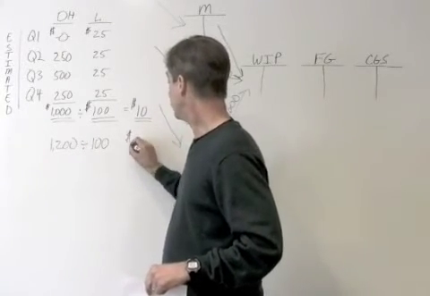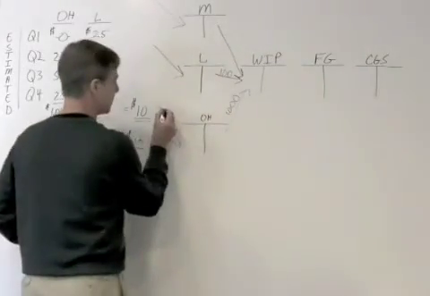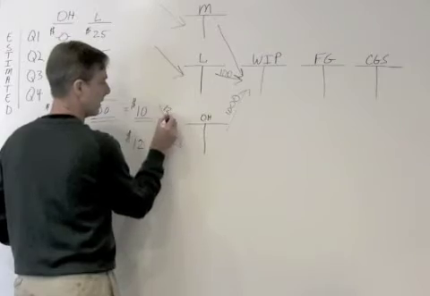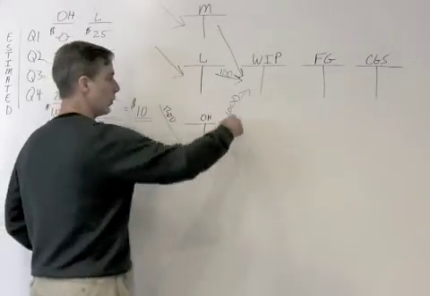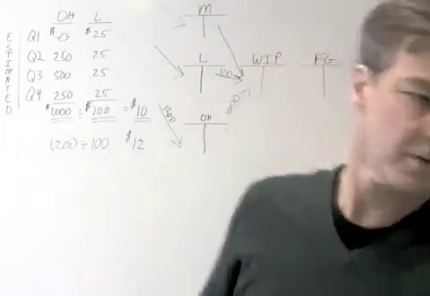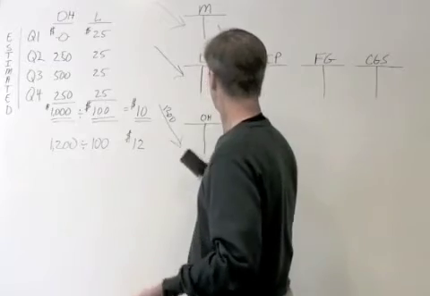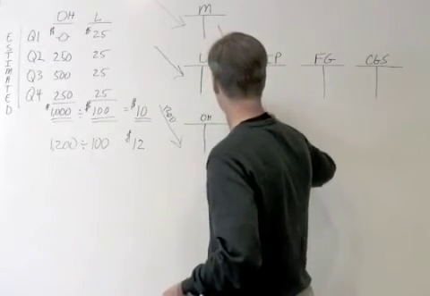And if we had done that, if we had incurred $1,200 of overhead, then we would have wanted to move out $1,200 of overhead into the work in process. But we didn't get it exactly right.